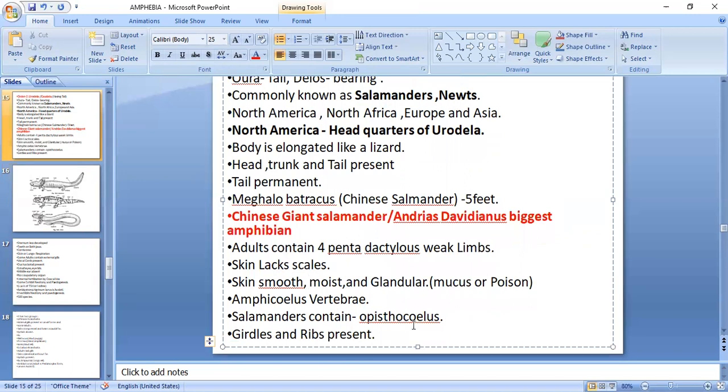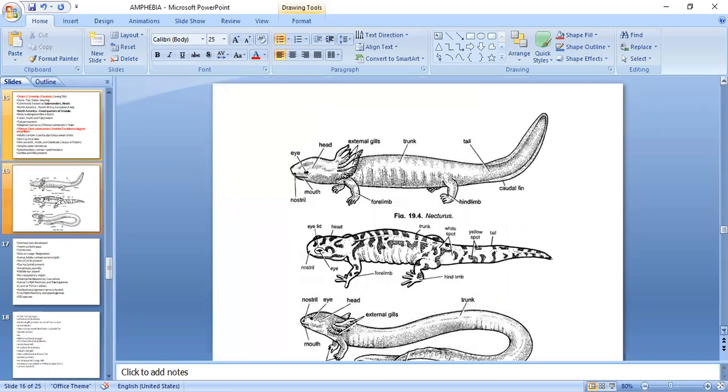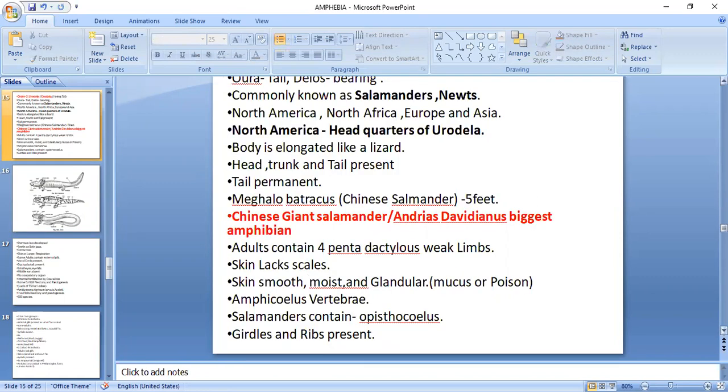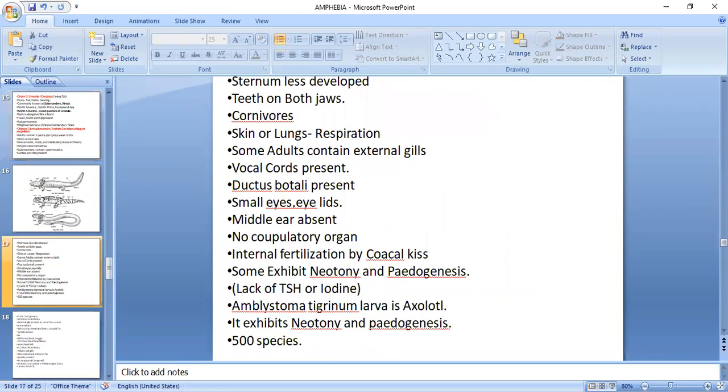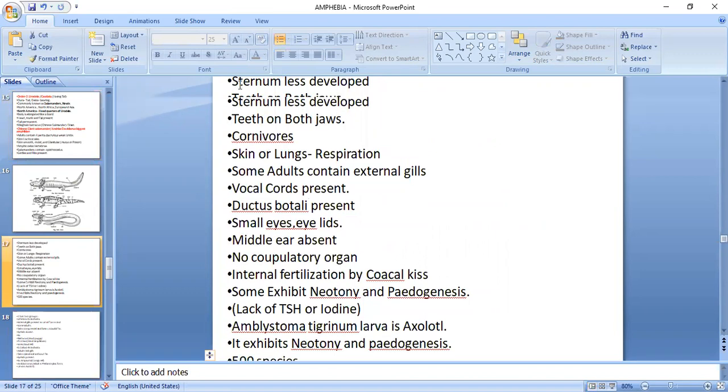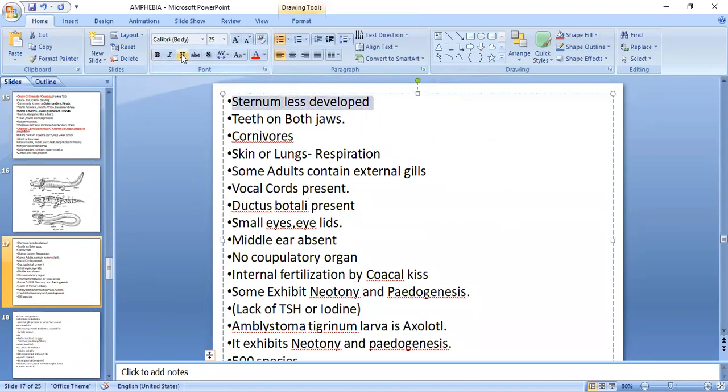Salamanders contain opisthocoelous. Girdles and ribs are present. Why are girdles present? Because limbs are present. To support the limbs, it requires the pectoral and pelvic girdle. And the sternum is less developed.